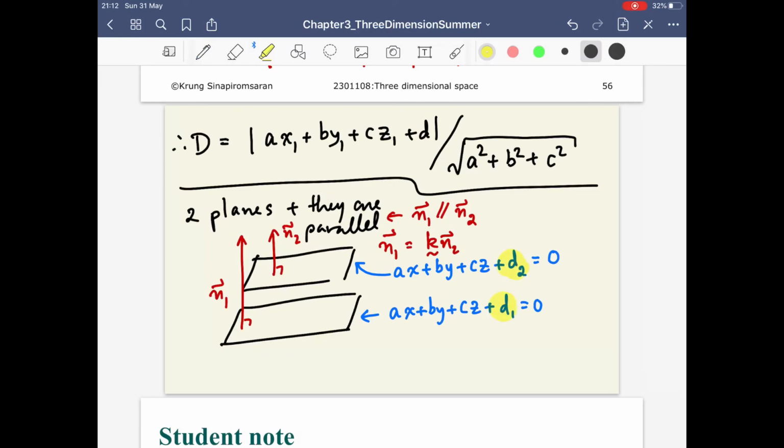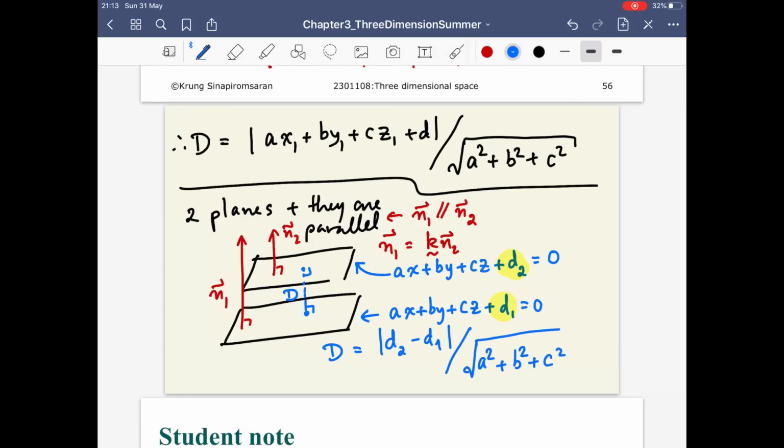So it means that if you really need to find the distance between these two planes, of course it is again the perpendicular distance. The distance is simply determined by the absolute value of d2 minus d1 over the square root of a square, b square, and c square.